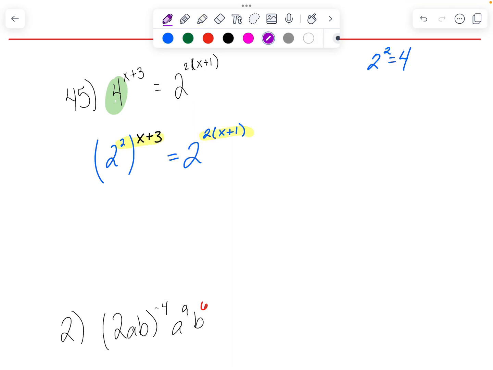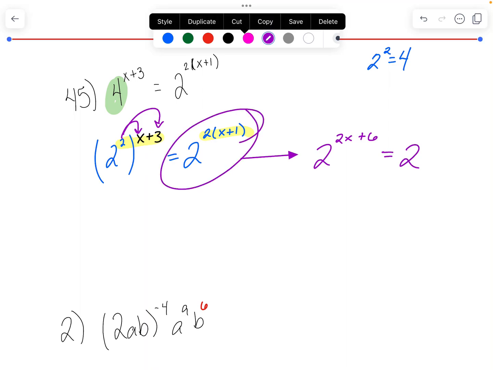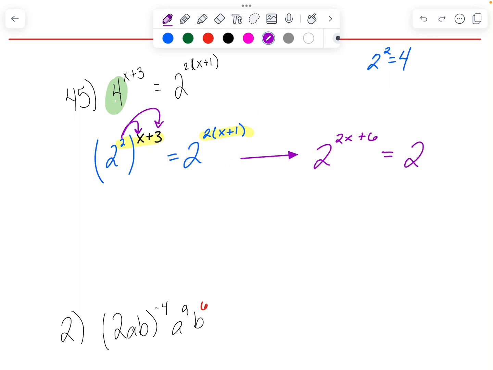And again, just like before, we said that anytime I see parentheses, that means I need to multiply. So I get 2 to the 2 times x, and then 2 times 3 is 6. My base here is 2. 2 times x is 2x.